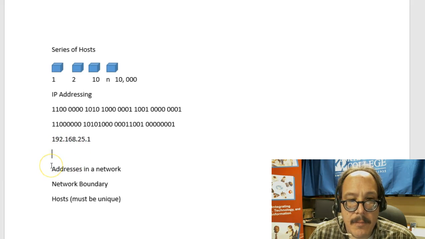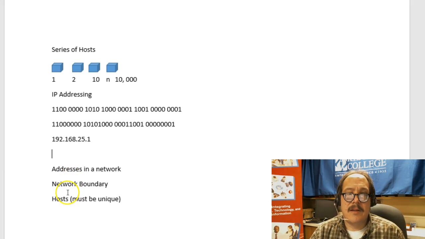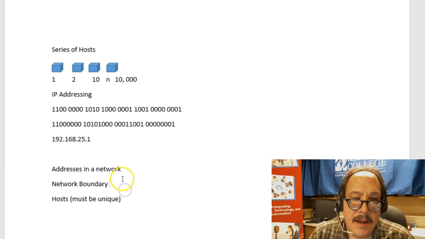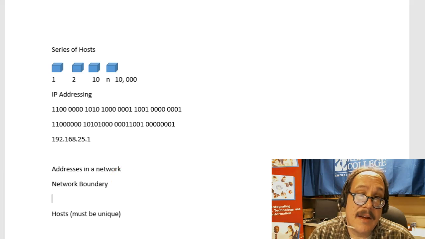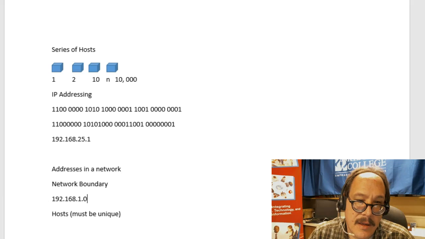So we have addresses in the network, and there are 2 different kinds of addresses. We have an IP address that's called a network boundary, and that IP address is not a valid IP address for routing. It would end in a 0 in this case.